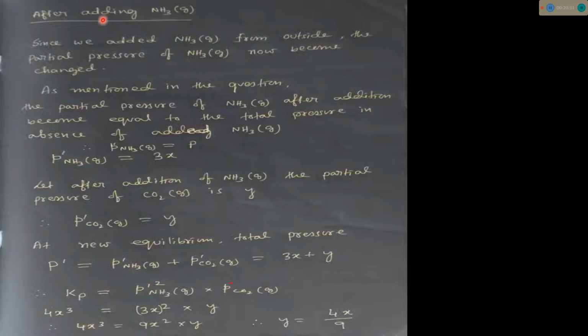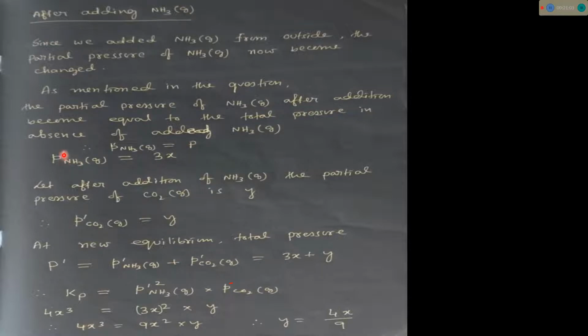Now we are considering the second case, when we are adding NH3 gas from outside. When we are adding NH3 gas from outside, the equilibrium gets disturbed and the partial pressures of the two gaseous species change. They mention on condition that the new partial pressure of NH3 gas becomes the total pressure before adding NH3 gas, that is P, and that P is 3x, as we calculated earlier.